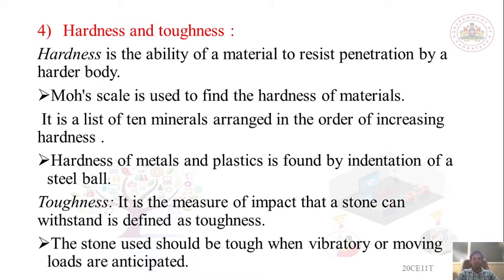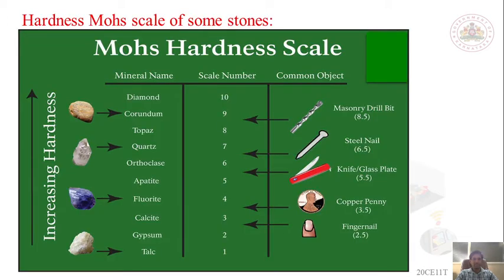In that case, you have to use a very tough stone to resist that parameter. So that is hardness and toughness. The general character is that stone is hard and tough. Our requirement is that stone should be much harder and tough. Based on the Mohs scale, we are going to find the best suited stone and eventually select that stone for our construction works.